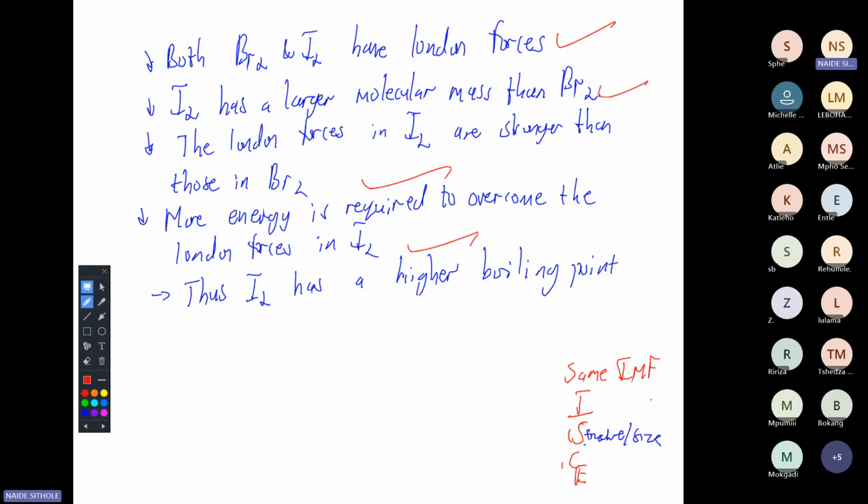Right? So you follow the what? ISCE method, which means identify type of intermolecular forces. Speak of the size of molecules.